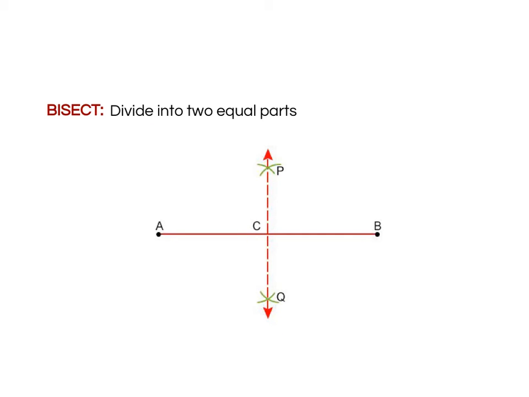So C is essentially the coordinate of the midpoint, and that midpoint delineates the fact that I've divided my line, or bisected my line, into 2 equal parts. So you may see that word come up in a question, so verify that something or other bisects something else. That means that you're looking to divide the line in 2, which typically means identifying where the midpoint is.